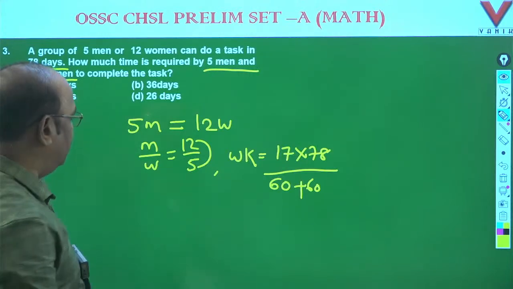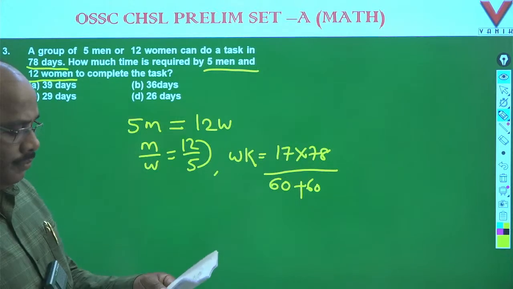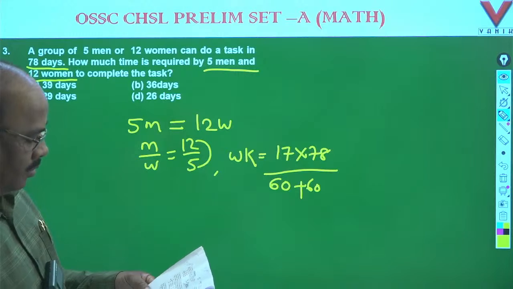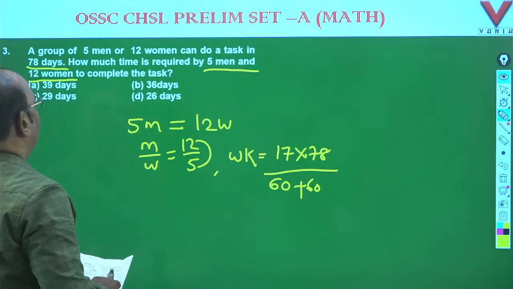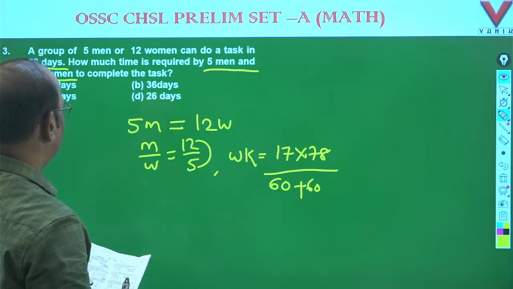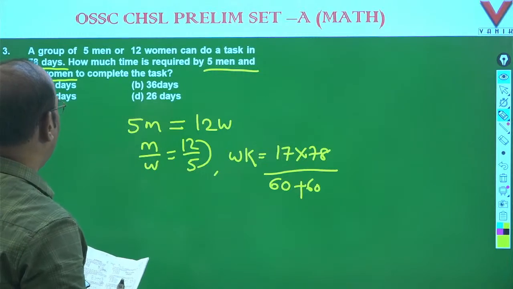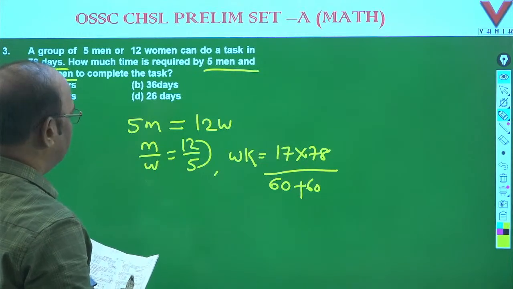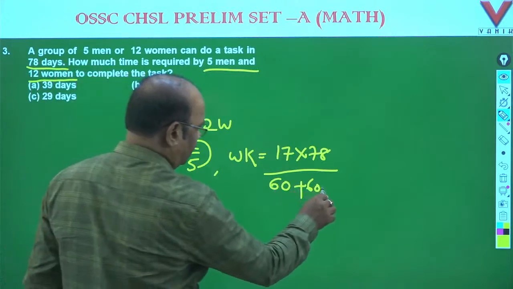So 17 into 78 divided by 60 plus 60, 120.